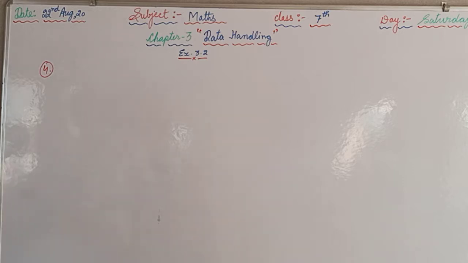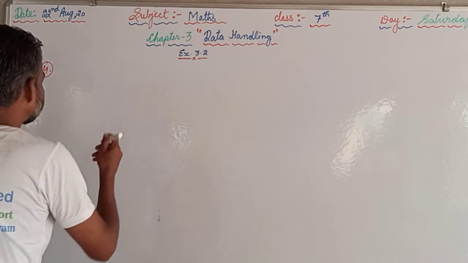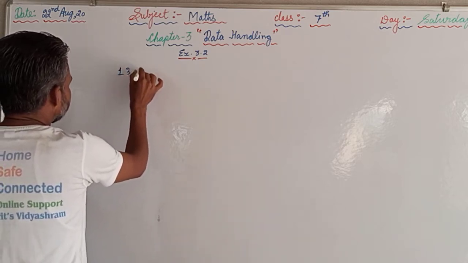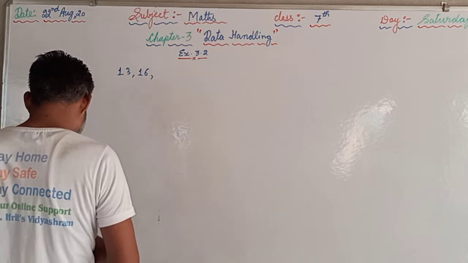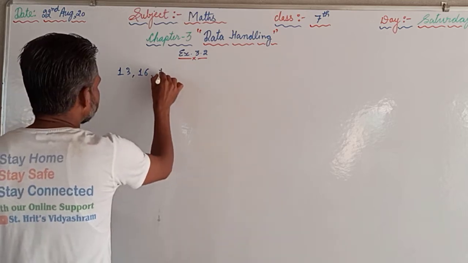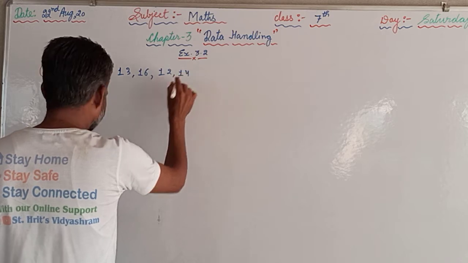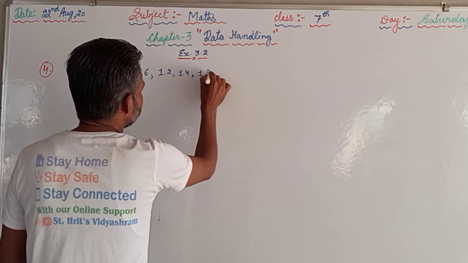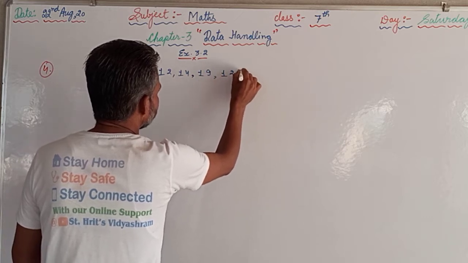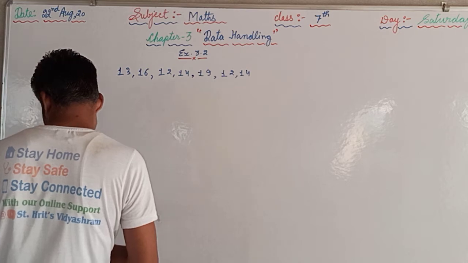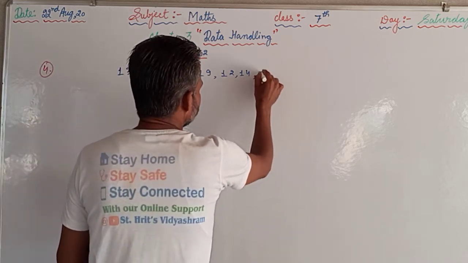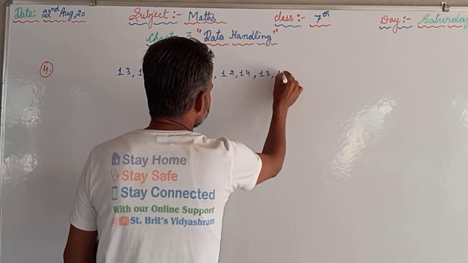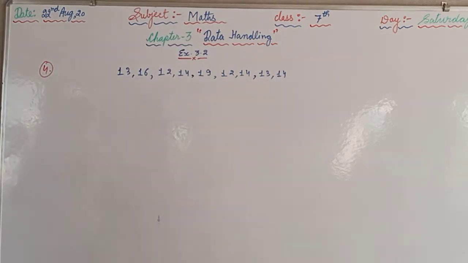The data given is 13, 16, and then 12, 14, 19, 12, 14, 19, then 12, and then 14, and then 13, and at last 14. So this is the data given in the question.